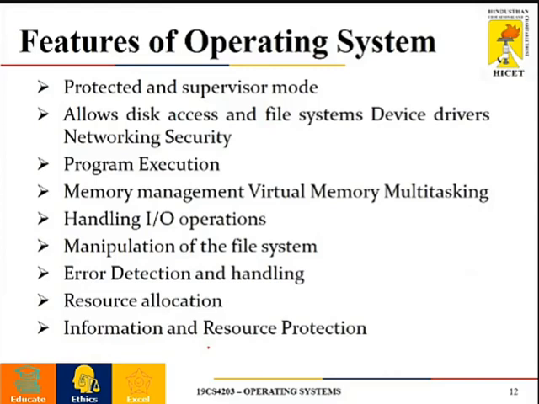Normally, we have different types of file systems available like NTFS, FAT, etc. NTFS stands for Network File System and FAT stands for File Allocation Table kind of file system. So these are the various file systems that are available, and the OS is the one which supports these kinds of file systems and manipulates the file system.